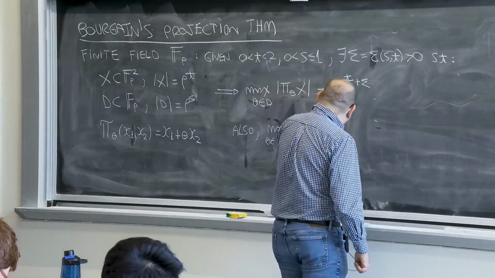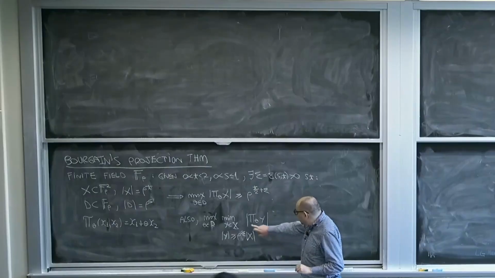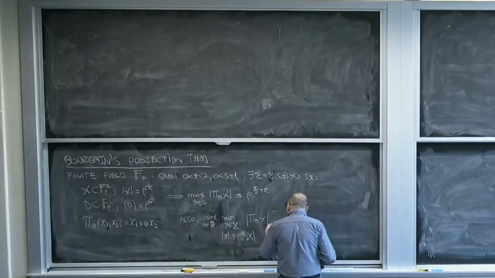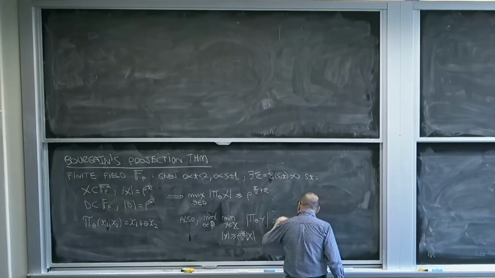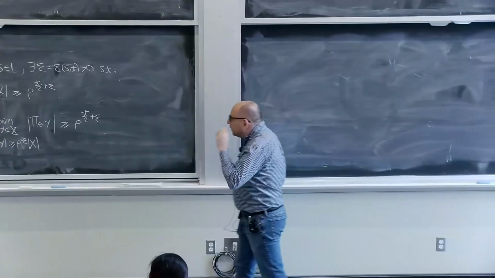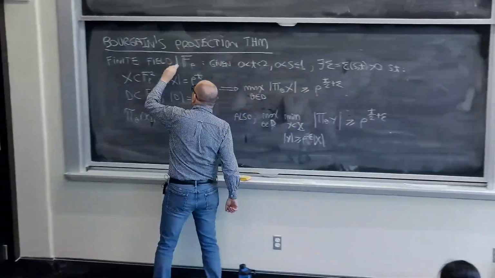And then we look at the projection of Y. So we try to make the projection of a dense subset of X as small as possible, but we can't. Even if we have this additional robustness of looking at all subsets Y, we still have a gain over t over 2. Okay, so this is Bourgain's projection theorem in the finite field setting.